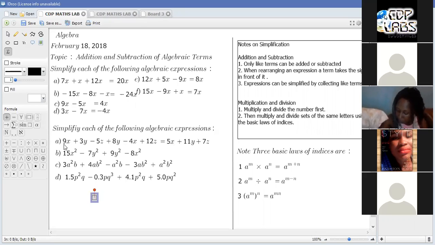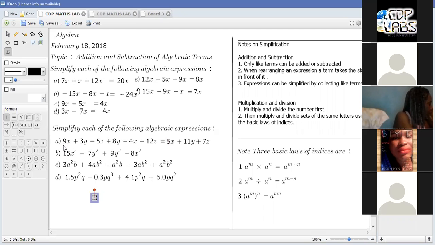If you look at 9x and 3y, they are very different, right? The number beside the letter is called the coefficient, and the letter is the variable.